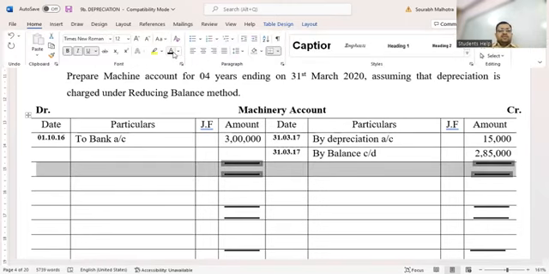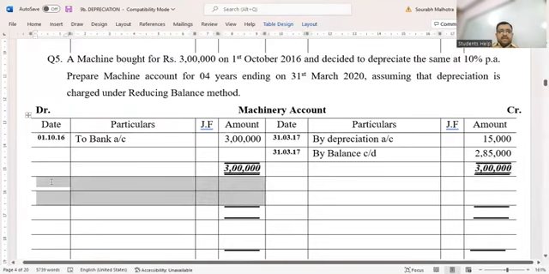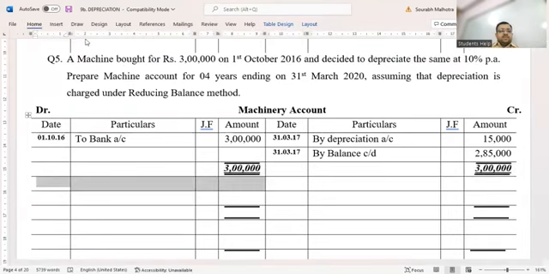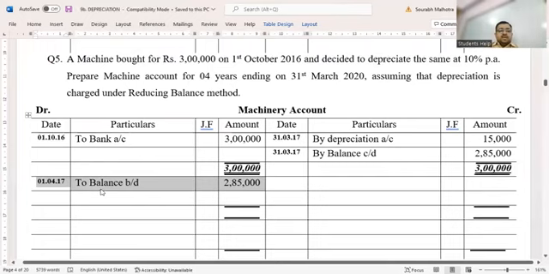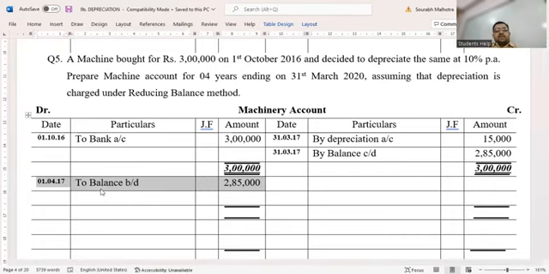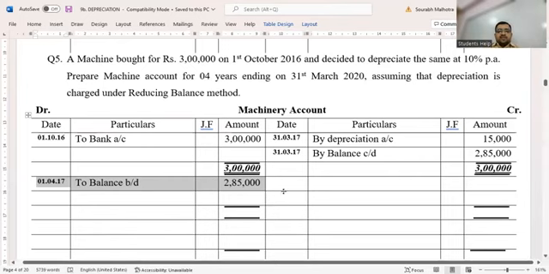Heard the difference, children? Brought down value would be how much? 2,85,000. Which method are we applying? Reducing balance. Now, what is the value of the asset appearing in our books, children? 2,85,000. So depreciation would be calculated on 3 lakh or 2,85,000? Diminishing balance hai. Had it been straight line, we would have calculated it on 3 lakhs.